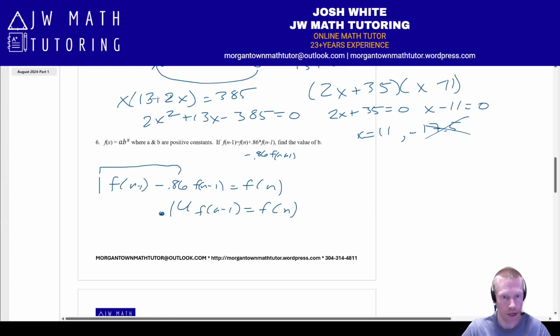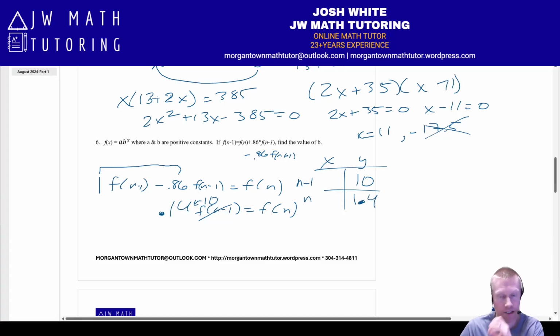So here's what's going on. Here's what that means. If you think about a chart, say this is the n minus 1 column, and this is the n column. If the f of n minus 1 value is, let's say, 10, the y value, well, to get the f of n value, you just multiply 10 times 0.14. Okay, so that means this would be 1.4.